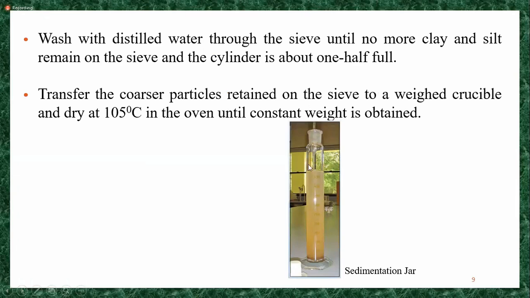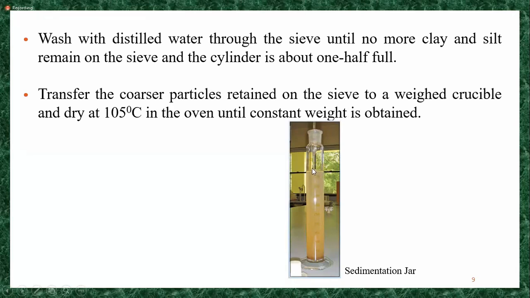It is similar to the measuring cylinder. We can call it a sedimentation jar. Within that we are going to take the soil and we are adding all these chemicals.